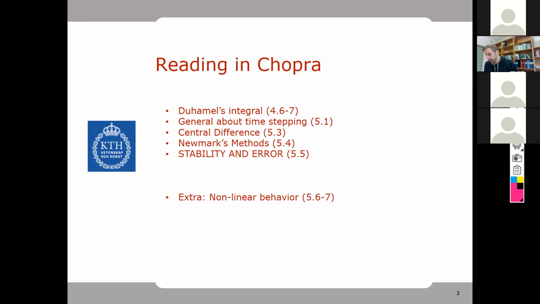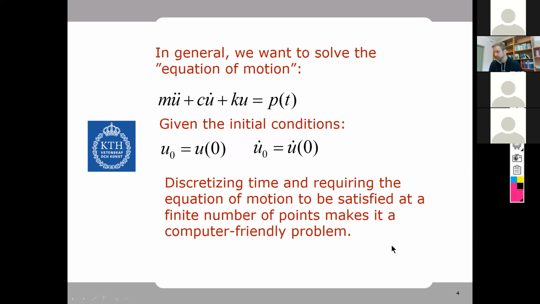But we're going to go through at least the beginning of it, which is the part that talks about linear methods. In this course, we will limit ourselves to linear structures, and thus we will not talk anything about the nonlinear, which is the second half of this chapter number 5. All right.